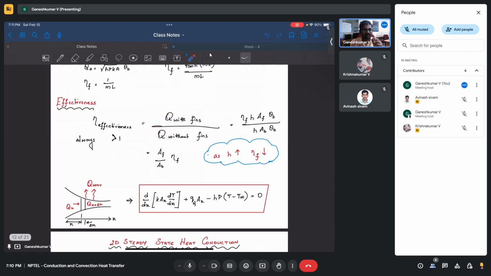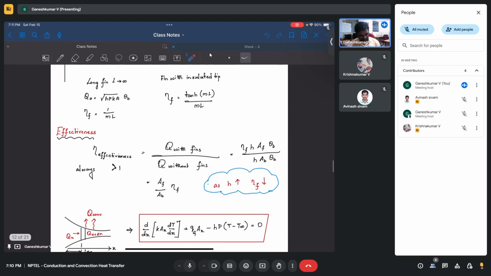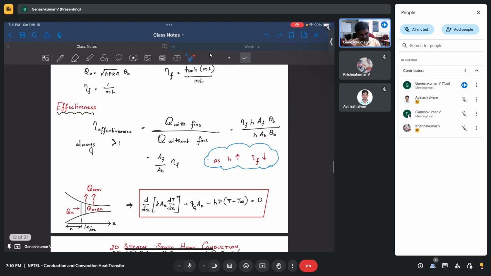Whenever you are designing fins and want to analyze whether you need a fin for that system, you have to find out the effectiveness of the fin. And when you have the fin, if you want to know how efficient that fin is, then you have to quantify fin efficiency. I hope the difference between these two parameters is clear for you. If not, please let me know. I will be happy to describe it again.